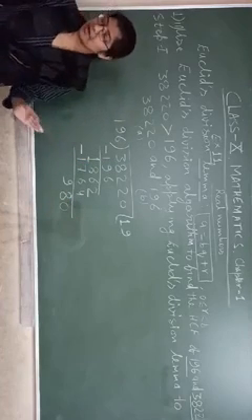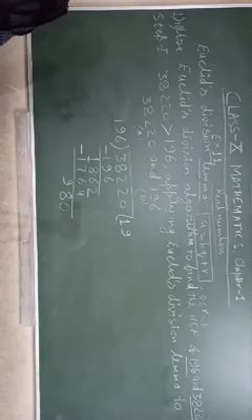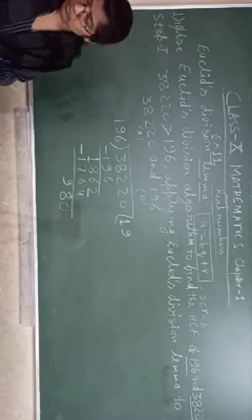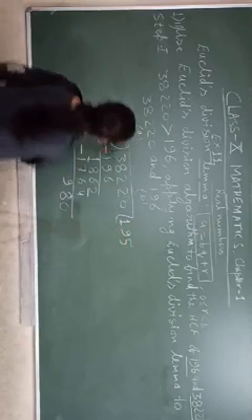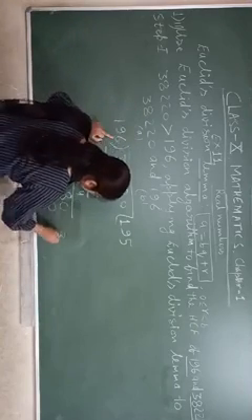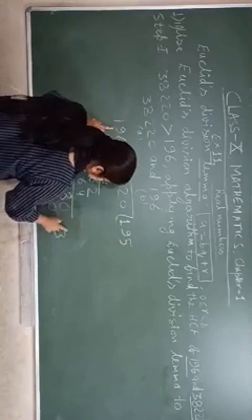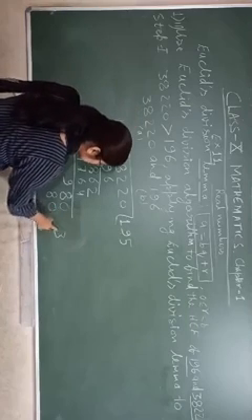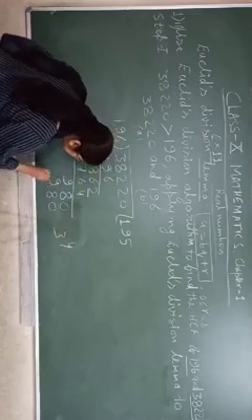Again we will do the division. How many times will it divide? 5 times. Let's check. 5 times 6 is 30, 3 here, and 9 times 5 is 45, 46, 47, 48, 4 you have, 5 times 1 is 5 plus 4 is 9.